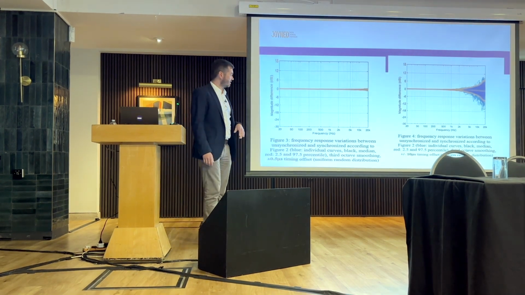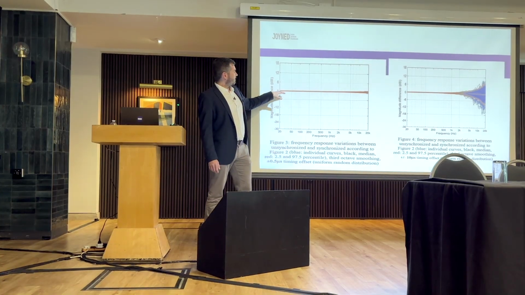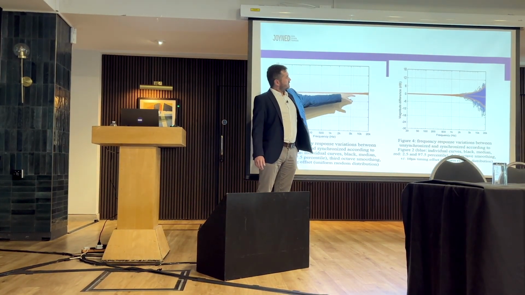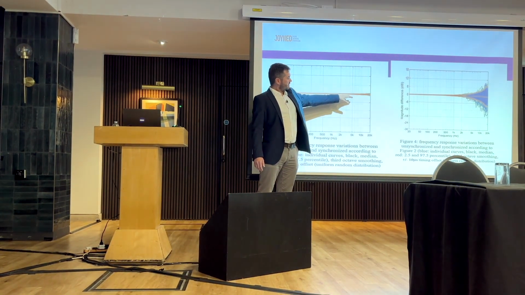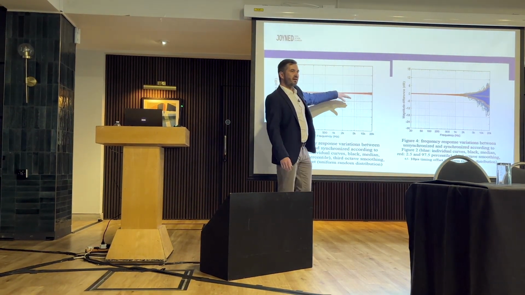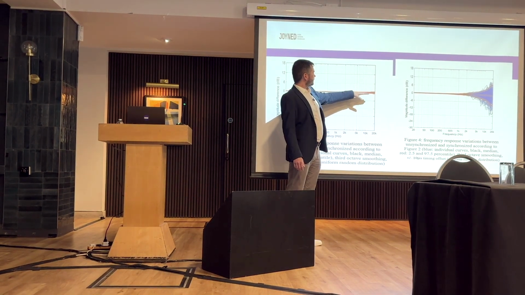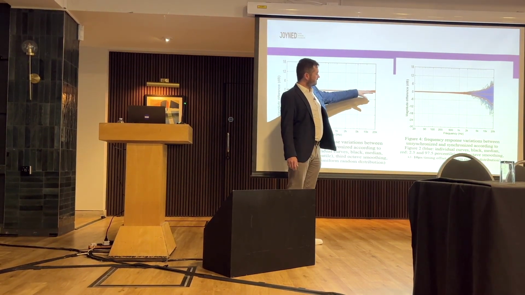And this is the result. If we have a perfect clock, we have a very minimal error in the frequency response. So that's what we can achieve with gPTP. So here we take the error of PTP into account, and we get a very small variation here in high frequencies.